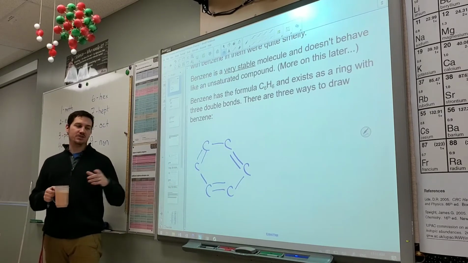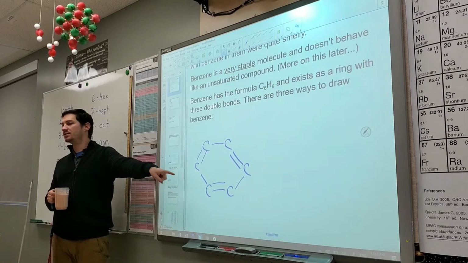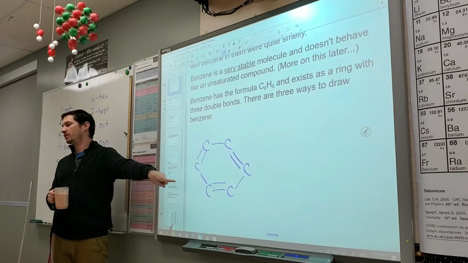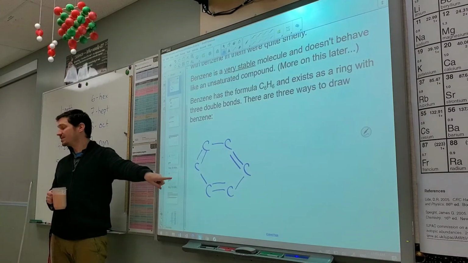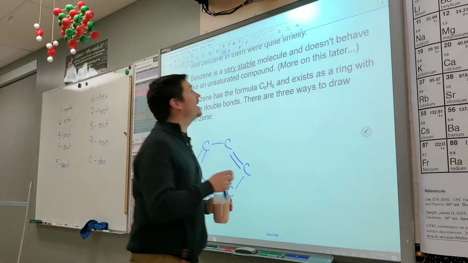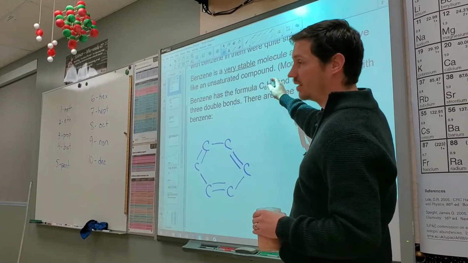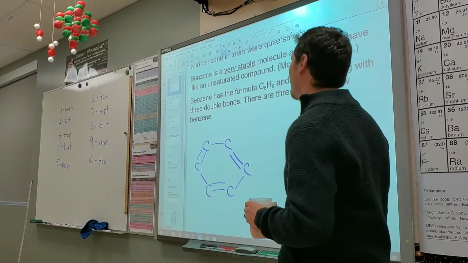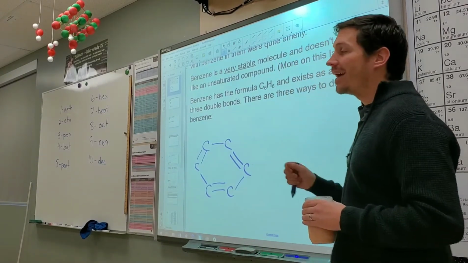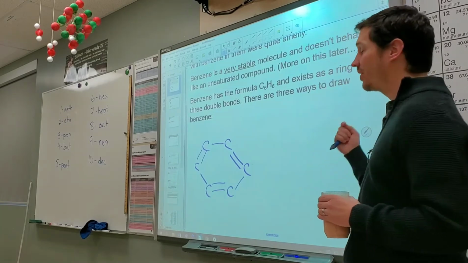Now that's very interesting. Would you call this molecule saturated or unsaturated? You would call this unsaturated, but it behaves like it's saturated, or it doesn't behave like it's unsaturated. So we'll talk about why that is a little bit later, and it has to do with how stable it is.